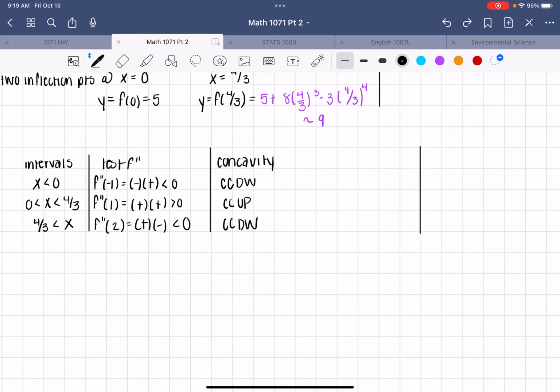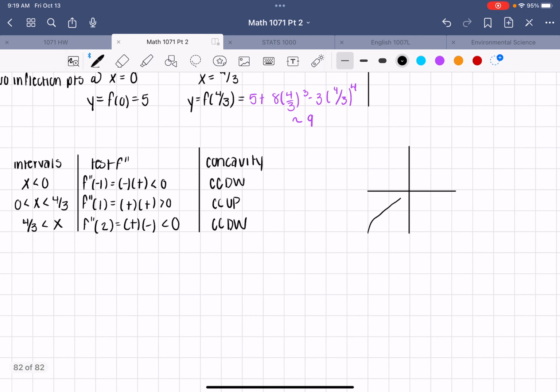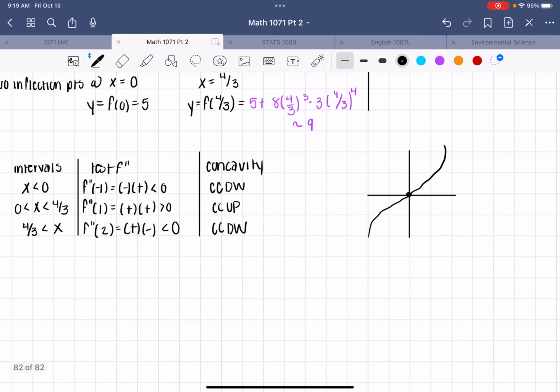Do you remember your simple cubic curve y equals x cubed? Do you remember that also has this shape? Comes in, goes up. So, sure, it's a different function, but you see the shape's the same. Because that there is also both critical and inflection.